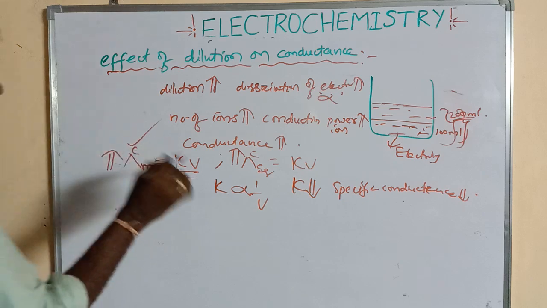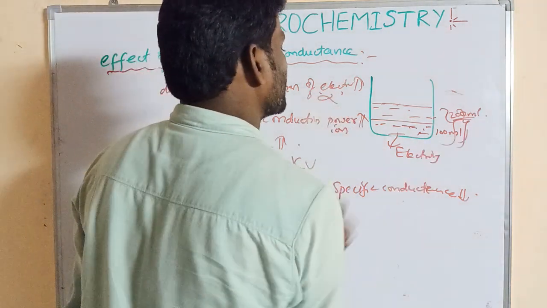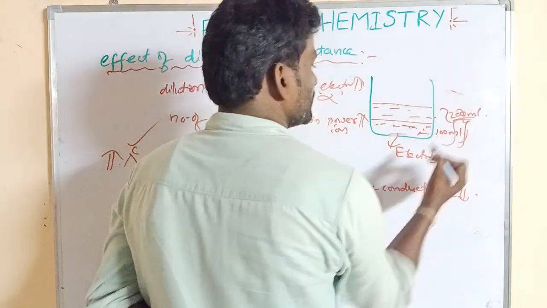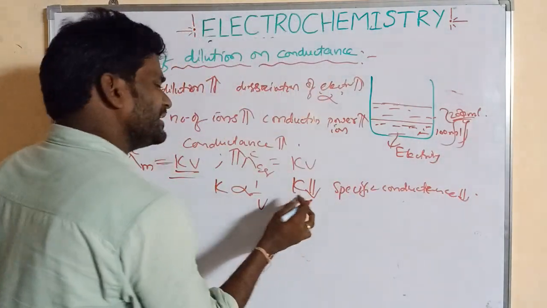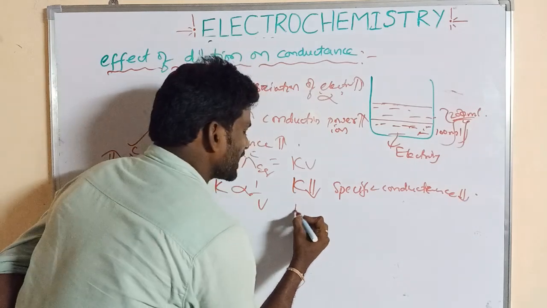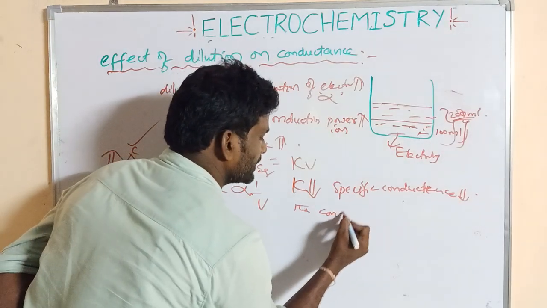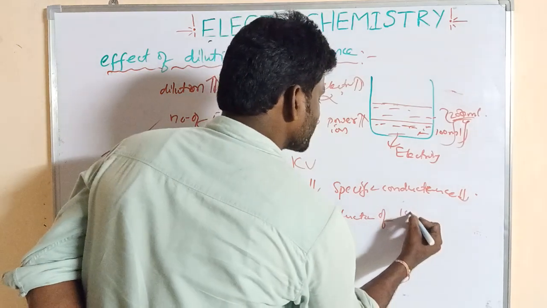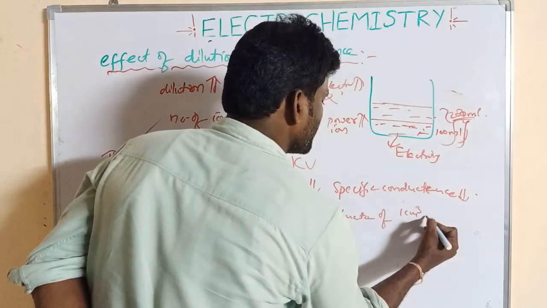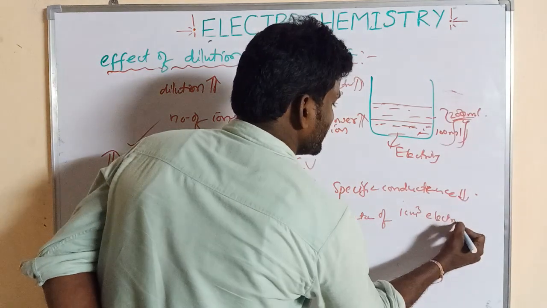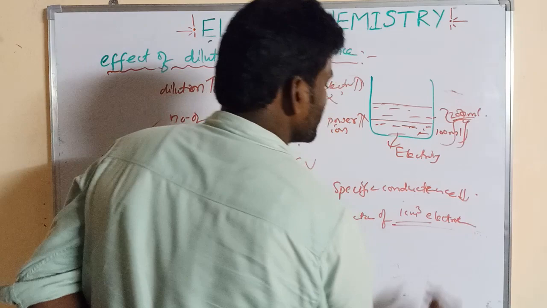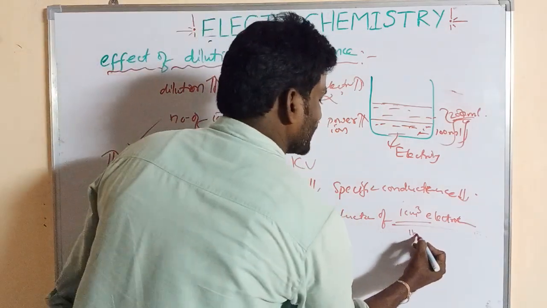So it is also explained with another reason. Here, 100 ml. What is the conductivity? What is the specific conductance? The conductance of 1 centimeter cube electrolyte or 1 ml electrolyte.